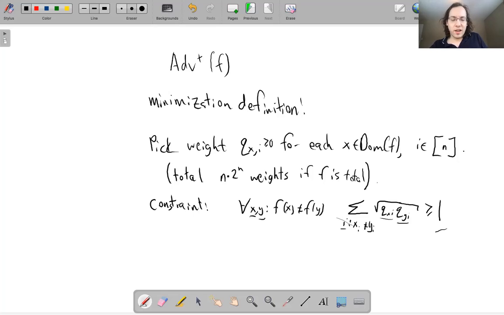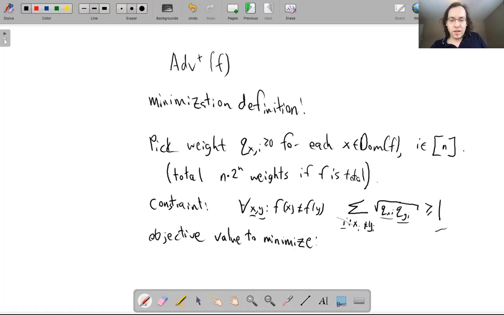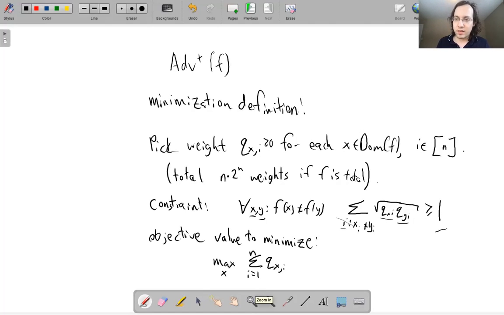Okay, so this is the constraint, and then the objective value to minimize is the max over x of the sum over i of q_{x,i}. We're saying: what is the maximum number of queries we made on any input x?